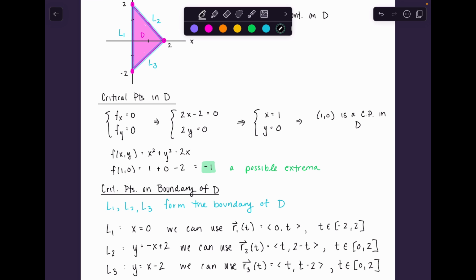So what I need to do is I need to figure out what does the function look like on each of these. And then I go ahead and figure out critical values for that. And then I plug it into whatever my expression ends up being to find my possible extrema. The one thing you don't necessarily have to do is you don't need to test the boundaries of each of these intervals.